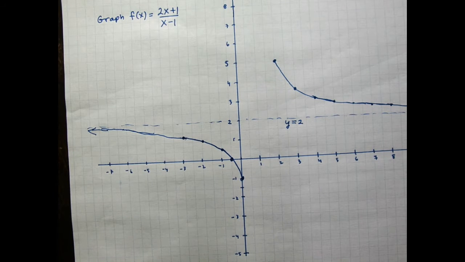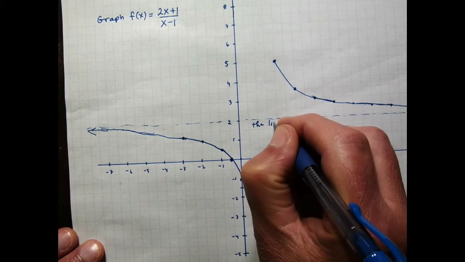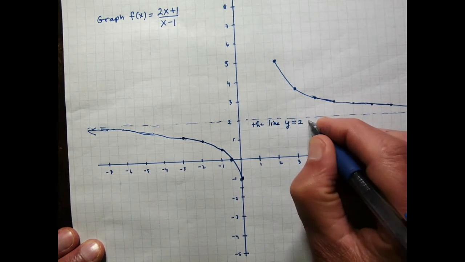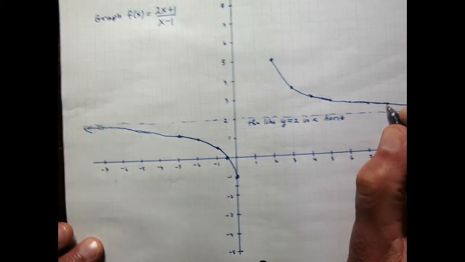So this line, y equals 2, which is a horizontal line on our graph, is a horizontal asymptote.